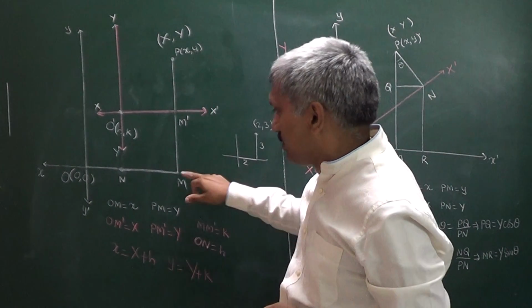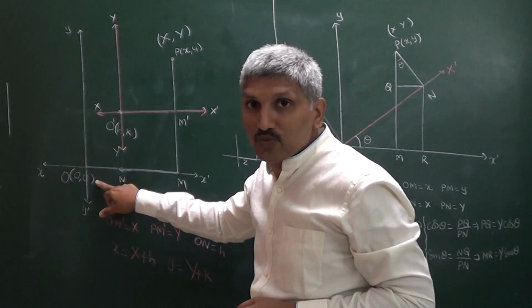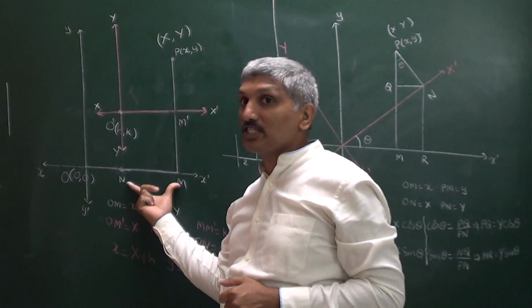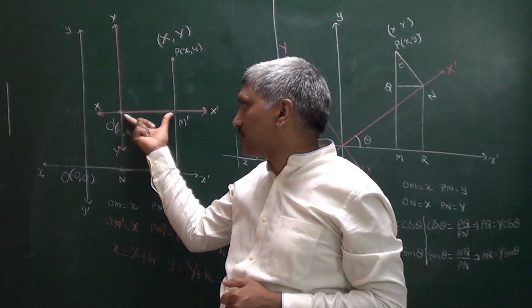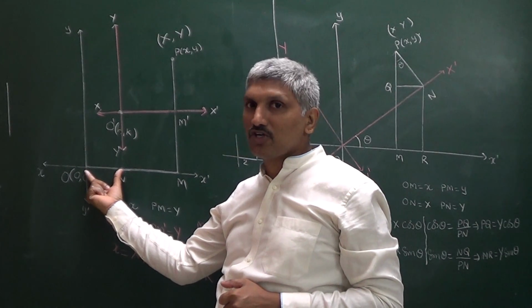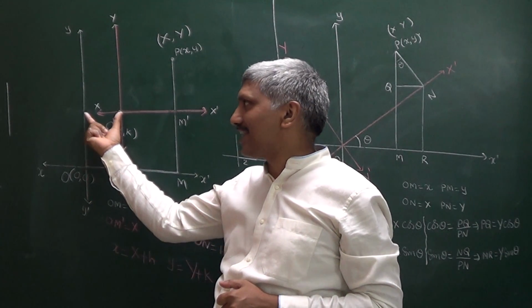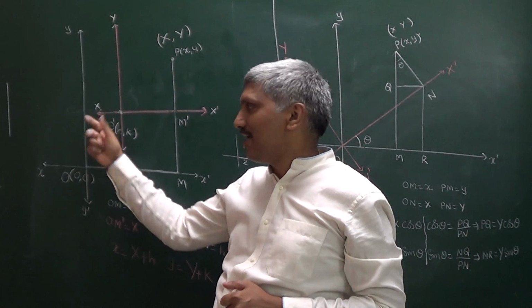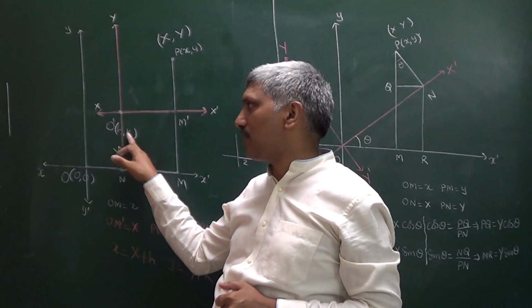Next, this total length is equal to small x, that must be equal to this length, capital X, plus this length. What about this length? It is small h, because the origin is shifted to h comma k.